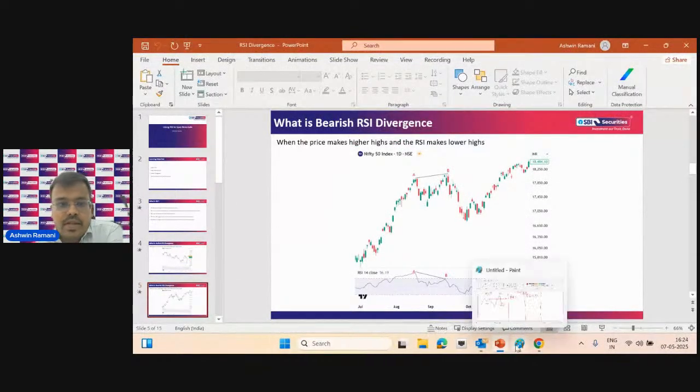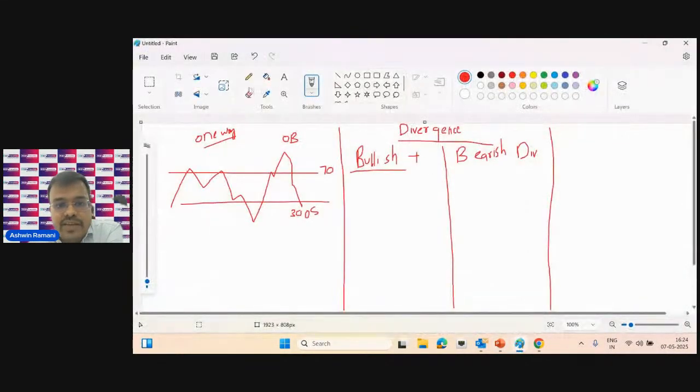Okay. So हमने क्या देखा था bullish divergence पे? Let's say the price, so this is point A and this is point B. So can I say here the price is making lower lows and at the same time this is point A and this is point B. Here the RSI, so imagine this is your price and this is your RSI.